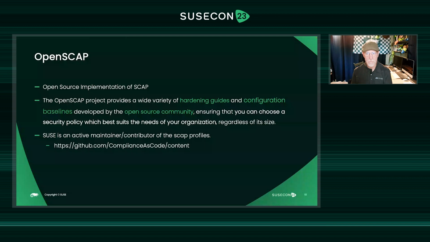It's developed by the open source community, of which SUSE is part, ensuring you can choose the policy that best suits your needs, regardless of the size of your organization, whether a tiny 3 or 4 systems or mega thousands of systems. OpenSCAP can scan and provide you that guidance across the environment. SUSE is an active maintainer and contributor to the SCAP profiles, and you can find those at this link below on GitHub. Compliance is code.